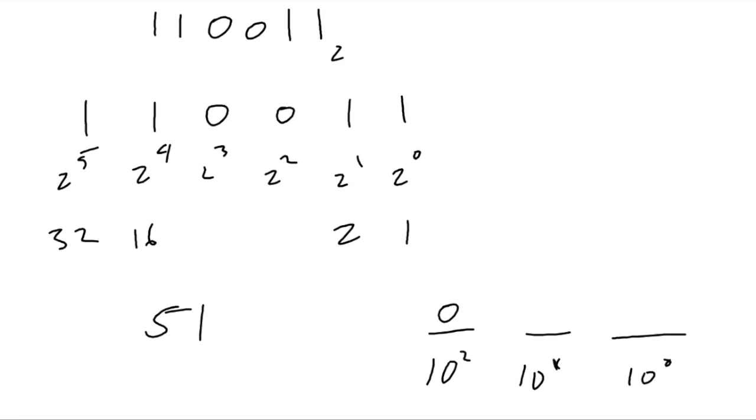Oh, wait, no, never mind. 10 to the first, so we're going to have 5 of these. I was scared because I thought we were still in binary. I thought we couldn't go over 1, but since we're in decimal, we can go all the way up to 9. And so that's 50, and so now we have just 1 left over here. And so that's how you could do it that way too.